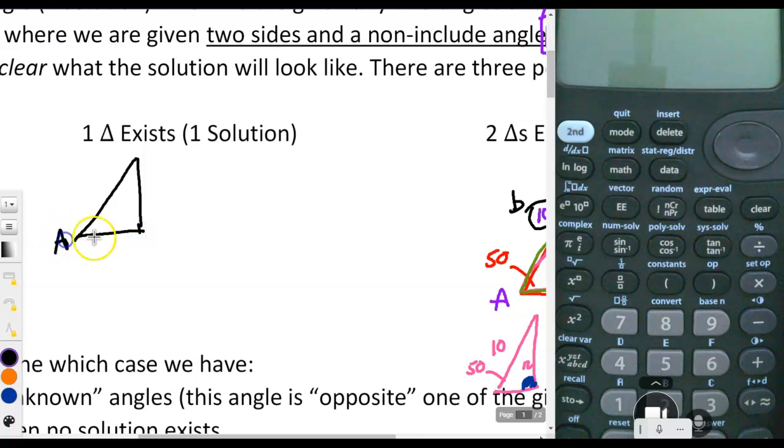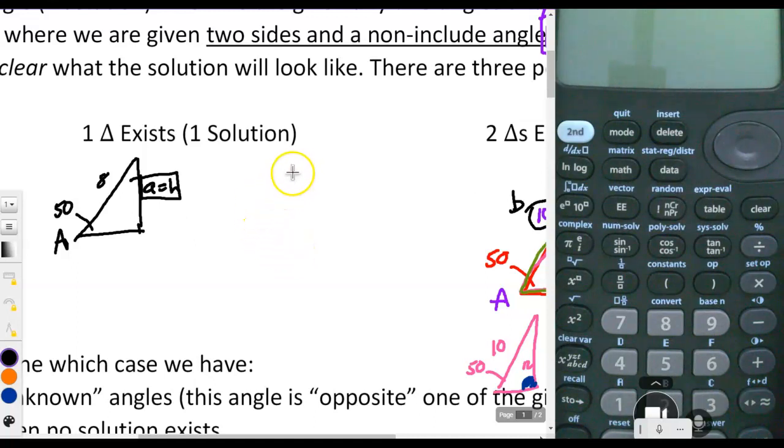So we got angle 50, I'll call this 8, and then A and H happen to be the same thing. H would make this a right triangle, by the way. So if the values they give you happen to make it a right triangle, then there's one solution. Doesn't happen very often, but that's the one particular situation where it does.